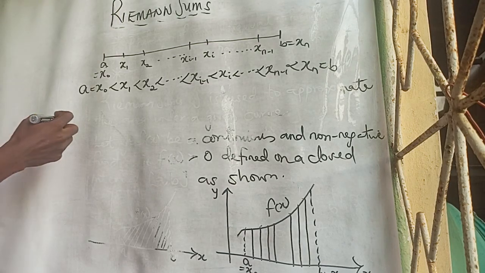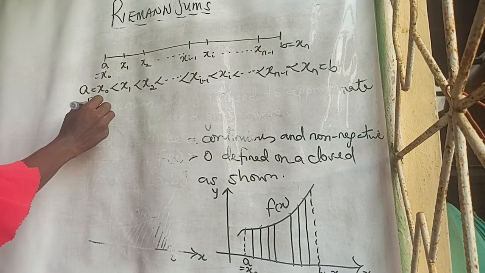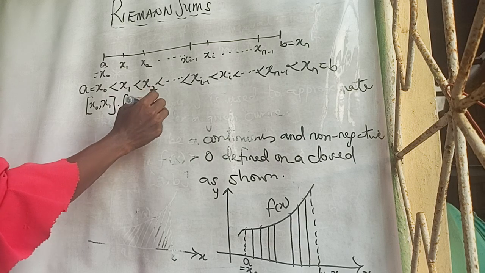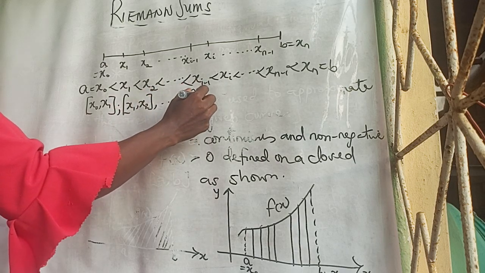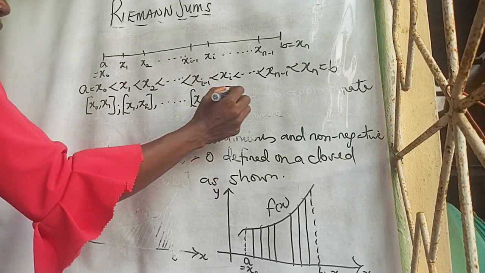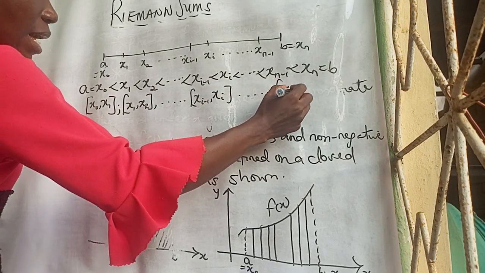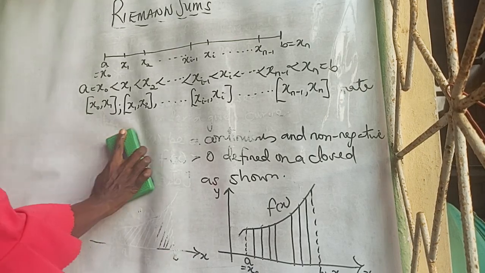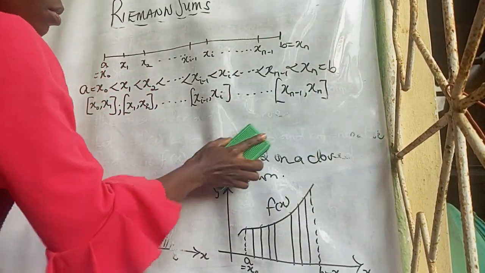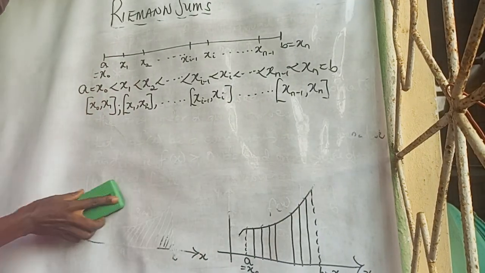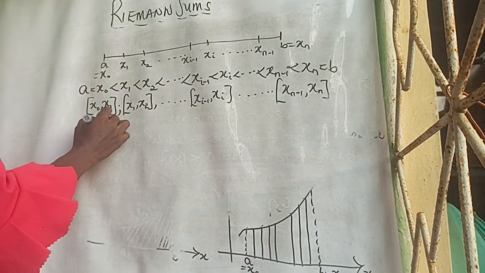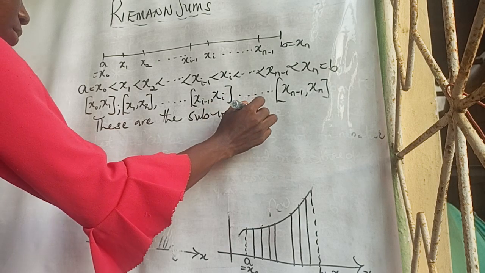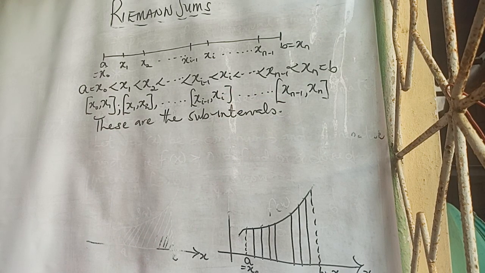Our sub-intervals are x0 to x1, x1 to x2, down to x of i minus 1 to x of i, and then down to x of n minus 1 to x of n. These are the subintervals.